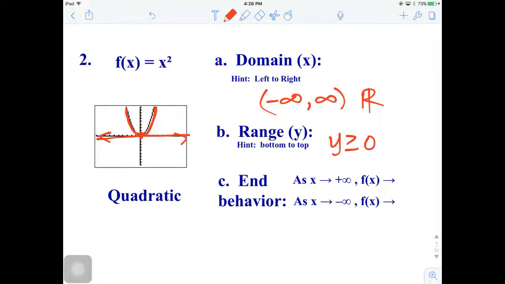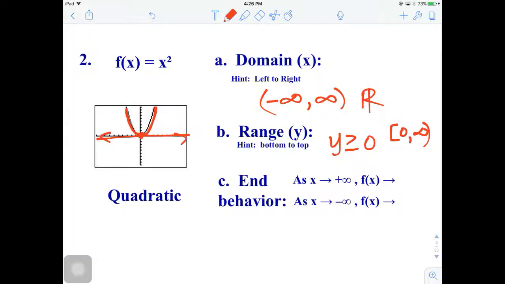The lowest point is at 0, so that's why it's greater than or equal to 0. And here's another way that you can write it. It includes 0, so you use the bracket from 0 to infinity. Infinity is just the parenthesis, but if you want to include the point, you use the bracket. So that's how you write it: anything greater than or equal to 0.